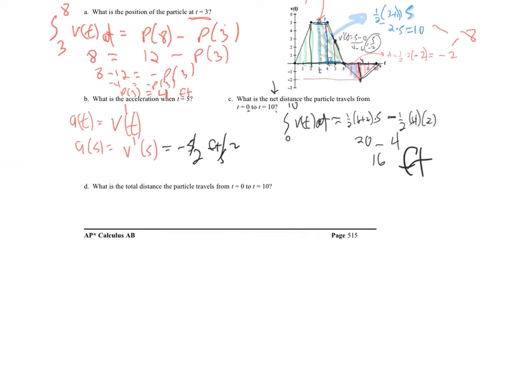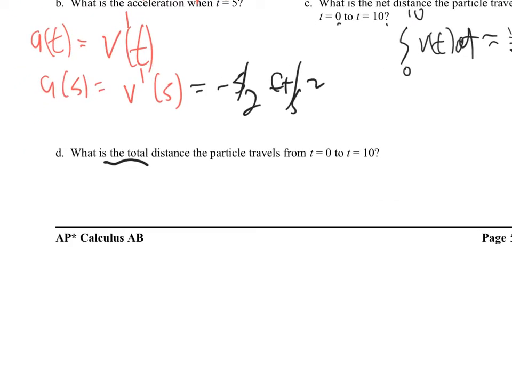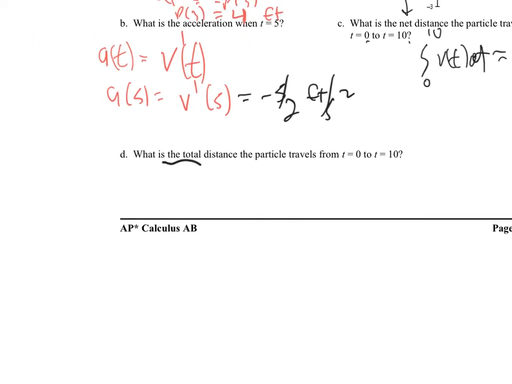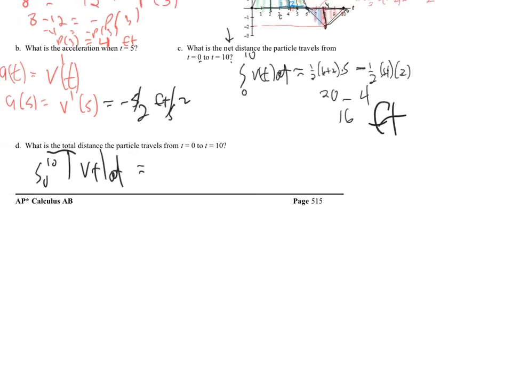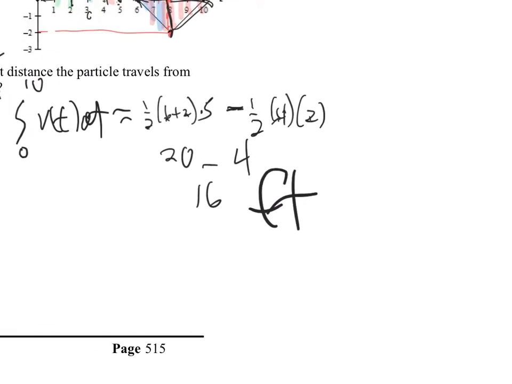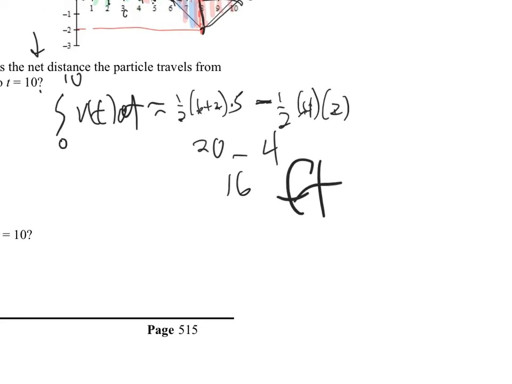That's my net. What's the total distance? Oh, I knew he was going to make me do that. Total distance is the same problem. 0 to 10, but it's the absolute value of v of t dt. So just make sure that, look at what I said before. It's the same two pieces. It's still going to be the 20.